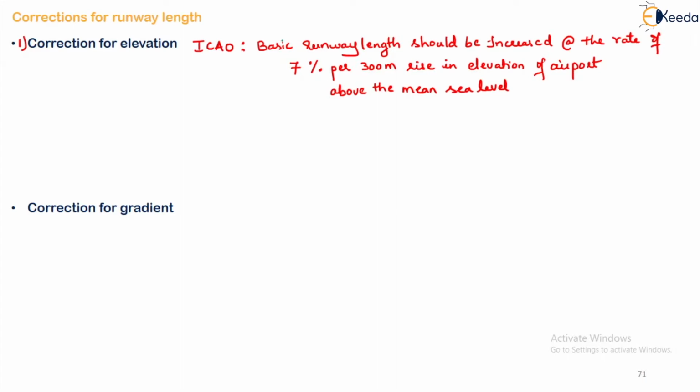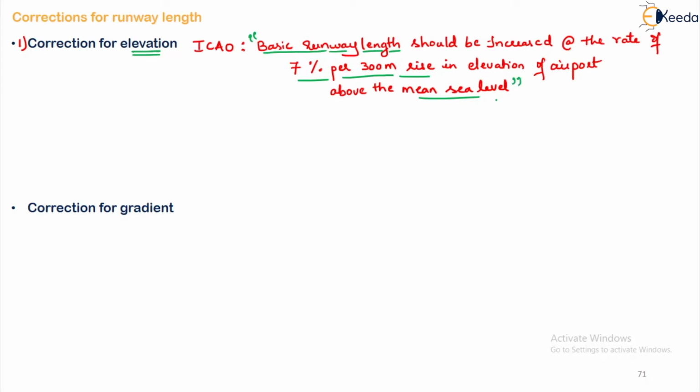This is a standard you have to remember. So the basic length should be corrected for elevation by increasing the basic runway length by 7% per 300-meter rise in the elevation of the airport above the mean sea level.